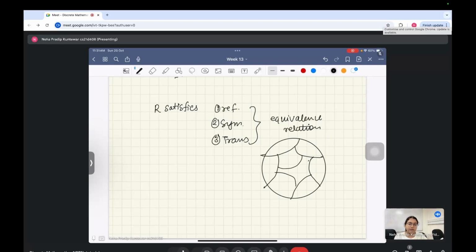Maybe we will not get into the details of this, but I'm just quickly bringing it up. There are some interesting properties of these equivalence classes, their sizes and the number of equivalence classes and so on, but we will not get into the details of it because we want to recall the other concepts that were there in the course.